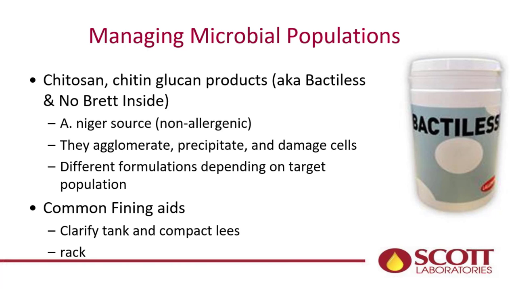They're not animal-based, and if you add them, they will actually agglomerate around the spoilage organism. They precipitate it, so they settle out, and during that process, over a period of a few days, they actually have a physical action on the cell wall that cuts the cell wall and basically kills the cell.